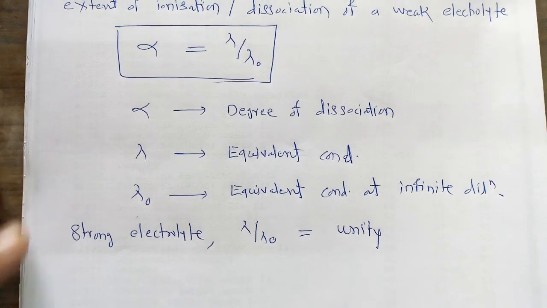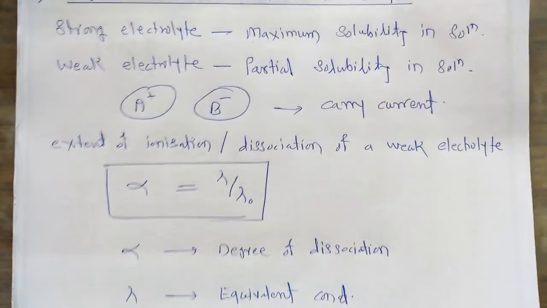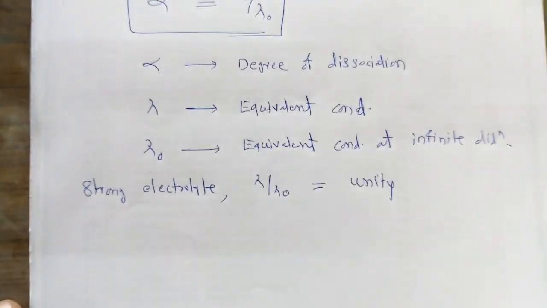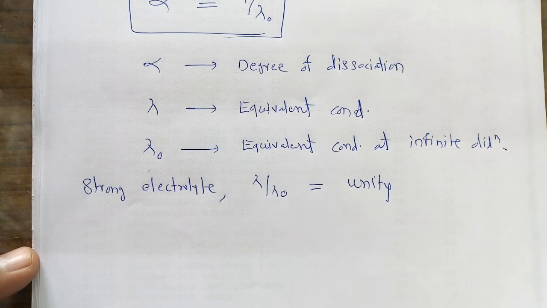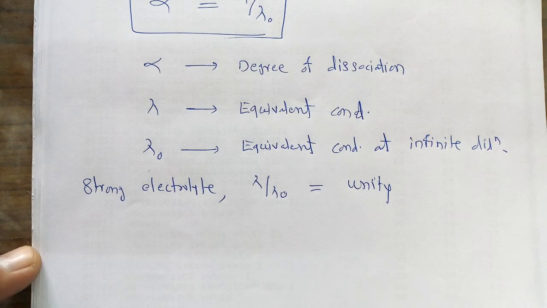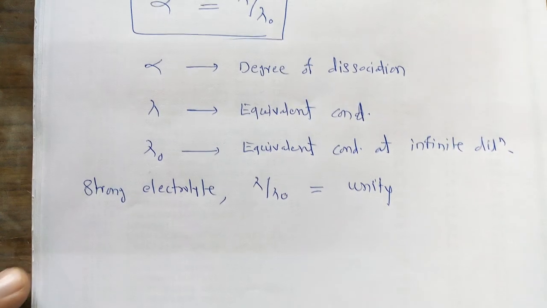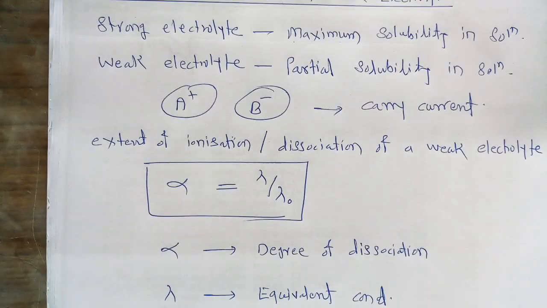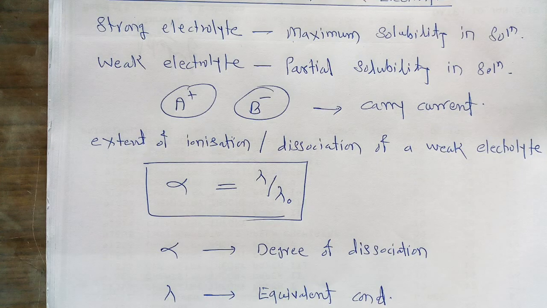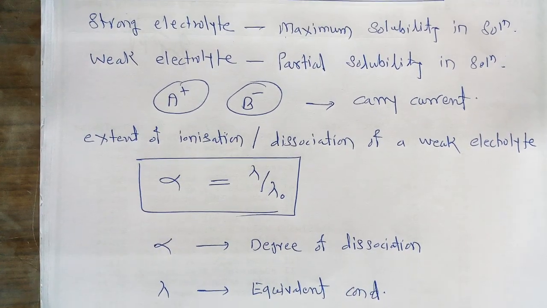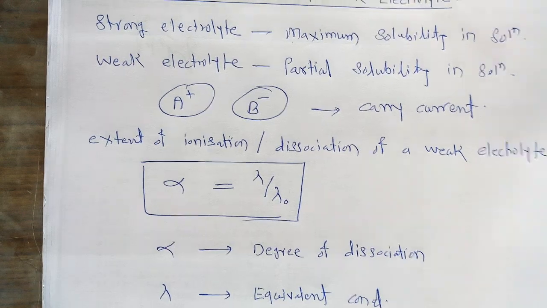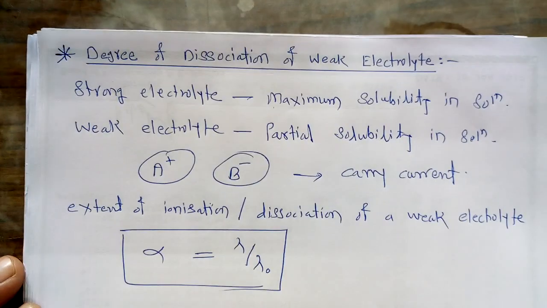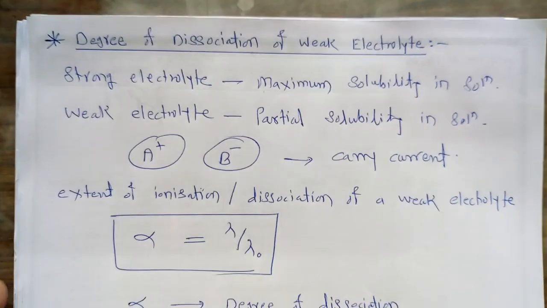So this is a very simple point regarding the degree of dissociation for the weak electrolyte. By using this degree of dissociation, we get an idea regarding the extent of ionization of a particular weak electrolyte in a solution of the given concentration. So this is the important point called the degree of dissociation of the weak electrolyte.